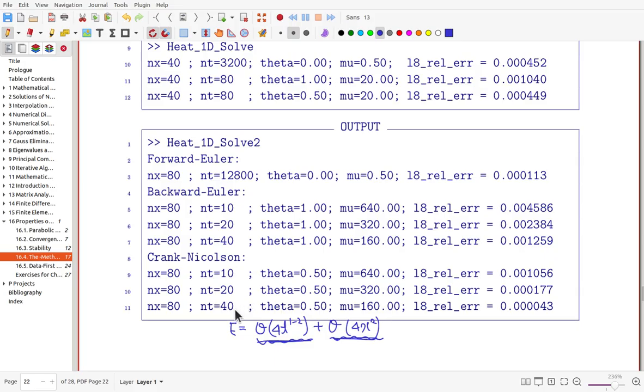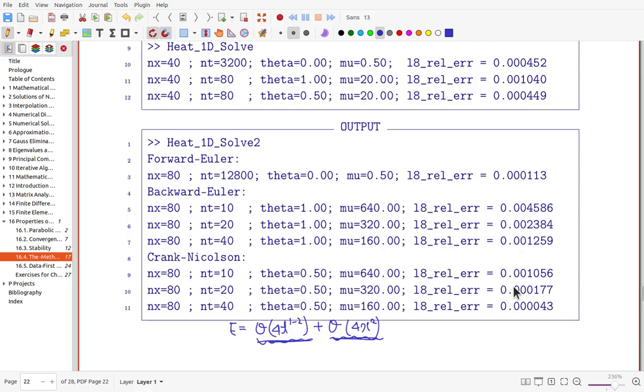Now, for Crank-Nicolson, look at here, about 20, and already it is reaching this level, right?